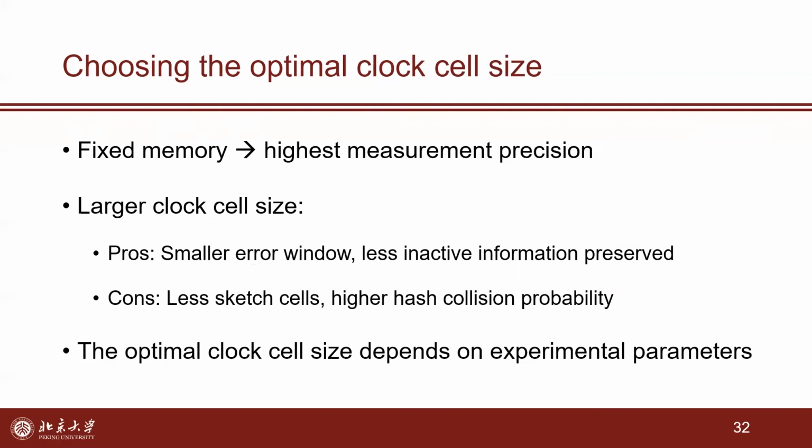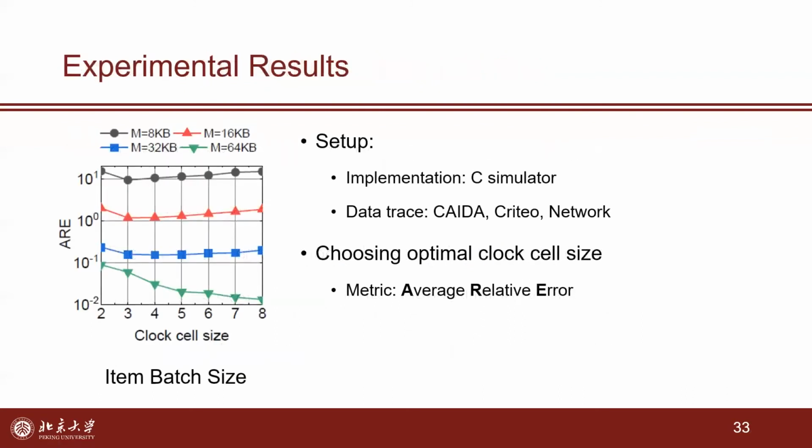Thus, there will be fewer sketch cells, which will cause a higher hash collision probability, which will increase the measurement error. Thus, there is an optimal clock cell size. And in this paper, we give concrete mathematical analysis on how to choose the optimal clock cell size based on experimental parameters, for example, the data stream pattern and the memory restrictions.